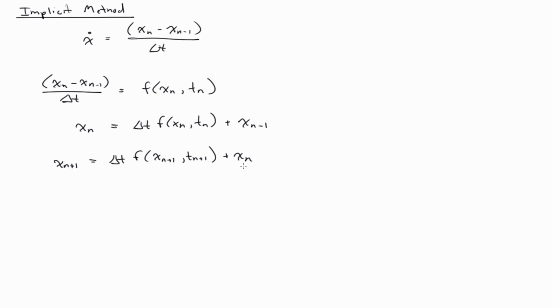So if we analyze that same problem, x dot equals lambda e to the xt, with this method, moving everything with x n plus 1 to the left-hand side.